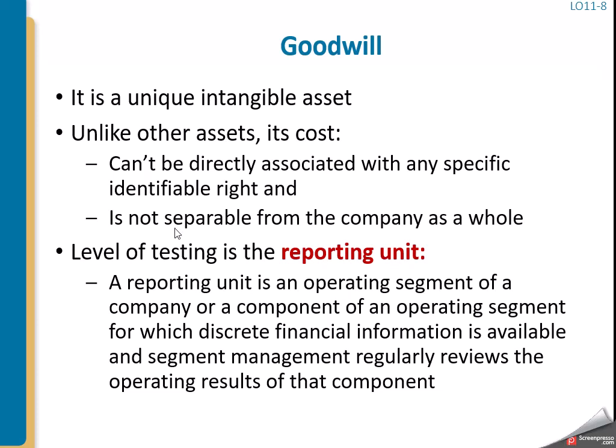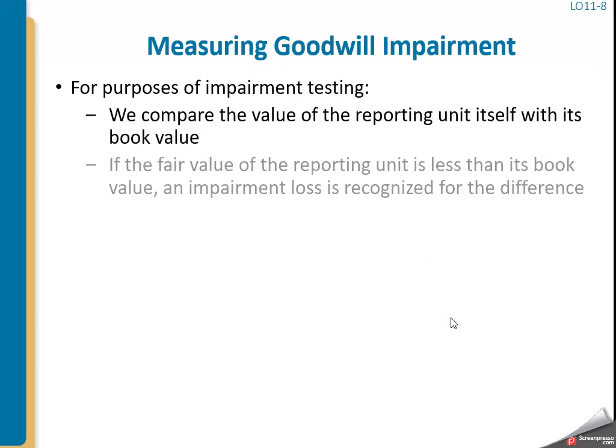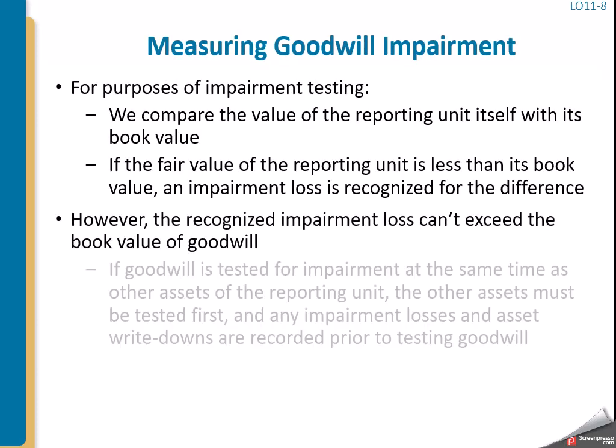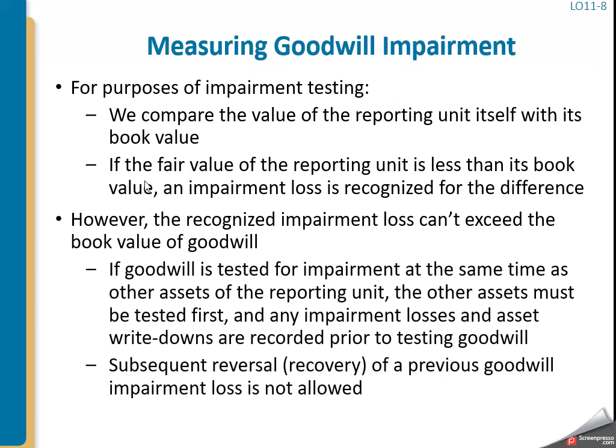So what we do is we look at the reporting unit as a whole, and we compare that reporting unit to the fair value of the reporting unit and see what the difference is.